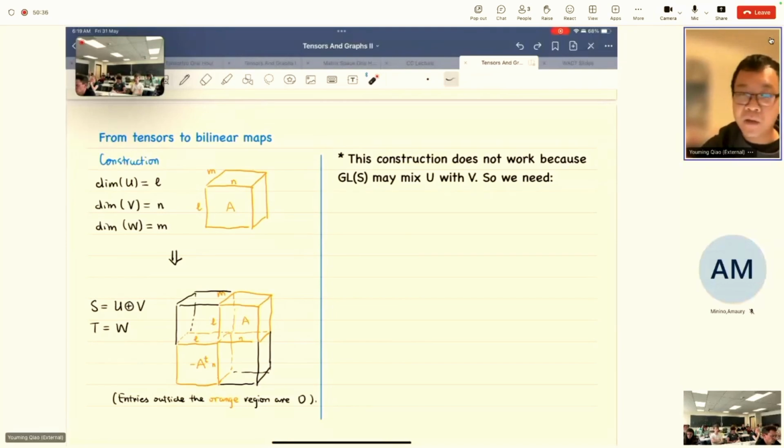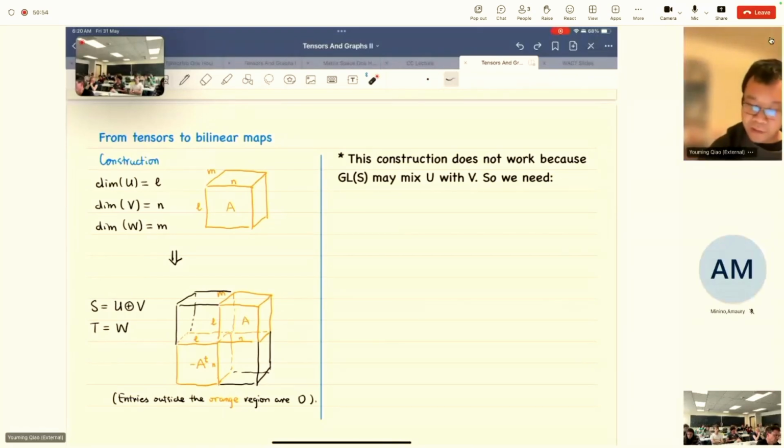But if you then think about it, there will be an issue. Namely, here we are looking at GLS, and GLS is GL of U direct sum V. But on the other hand, here we only allow GLU and GLV.